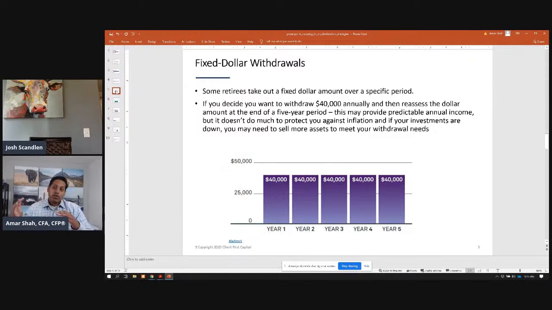If you think about it, when investments are going up, you're taking a smaller percentage of your account value out per year. But when investments go down, you're taking a larger percentage out per year. For somebody on the edge of what they need and what the portfolio can sustain, this could have a huge impact, both up and down.